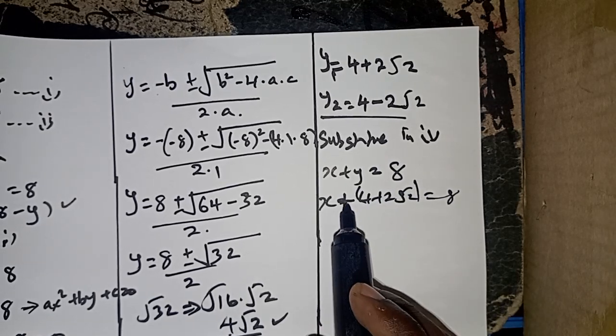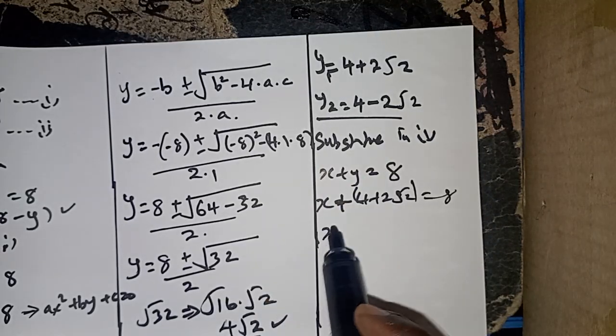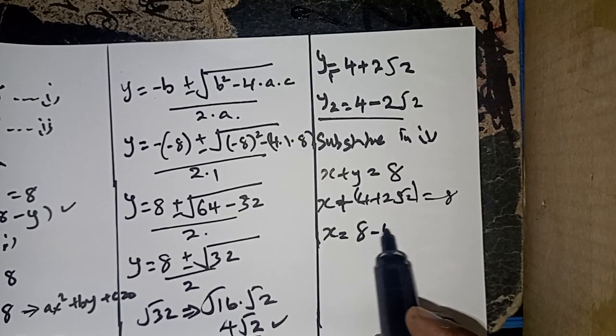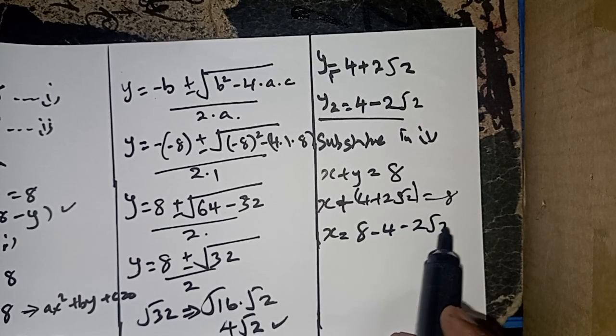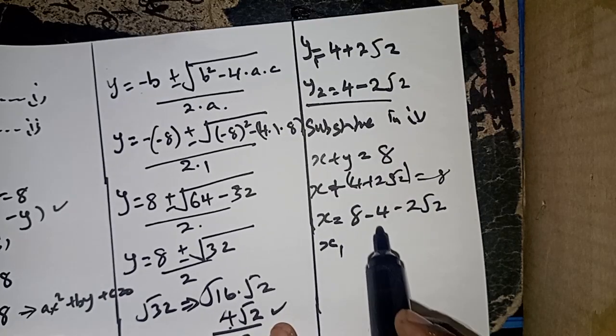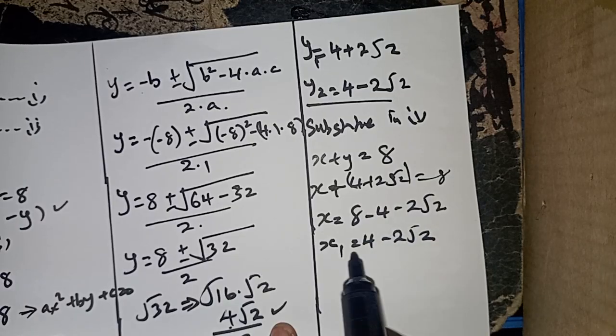But remember, we are taking the positive side. When you take the other side, now x becomes 8 minus 4 minus 2 root 2. So that first value of x, I get 4 minus 2 root 2.